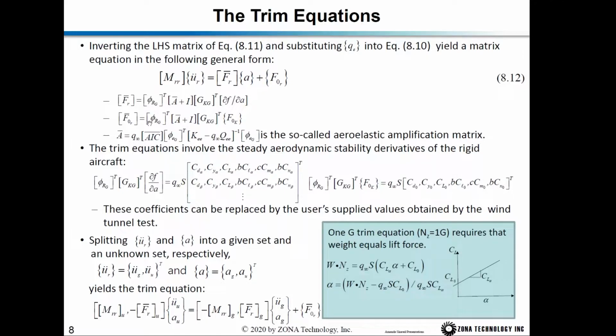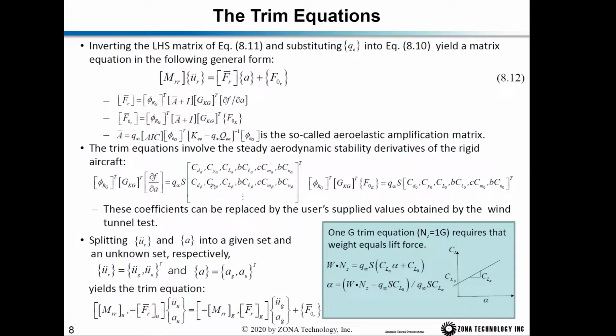If we assume A bar to be 0, this is the mean flow, the aerodynamic force and moment coefficients at the mean flow condition. Therefore, those coefficients can be replaced by user supplied values obtained by wind tunnel test or CFD.